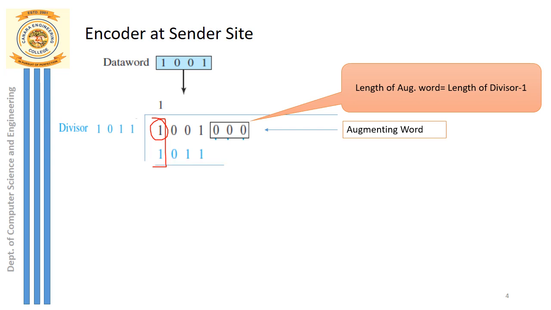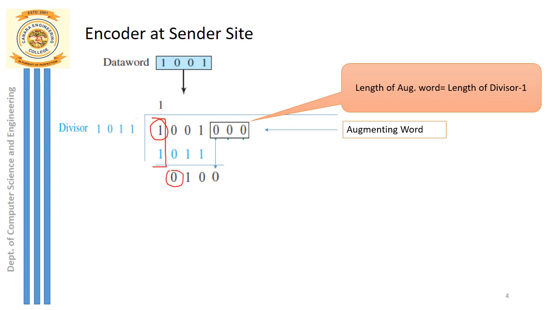We get the result as 010 after performing the XOR operation, and we bring one bit from the dividend down to the remainder, which gives us a new dividend, that is 0100.